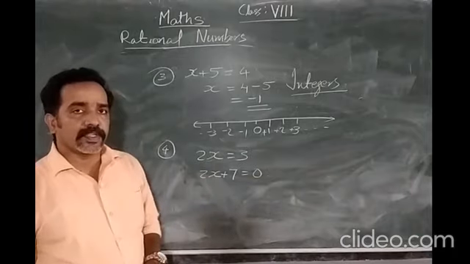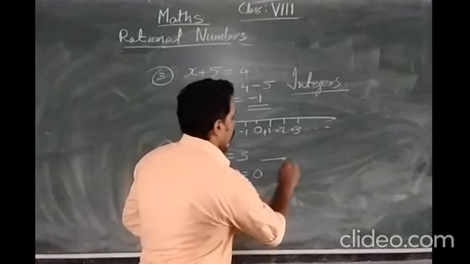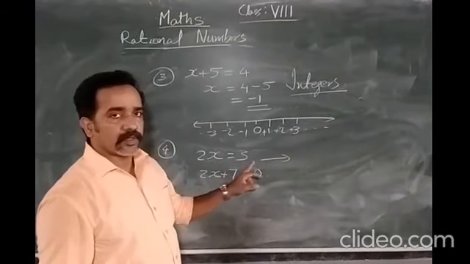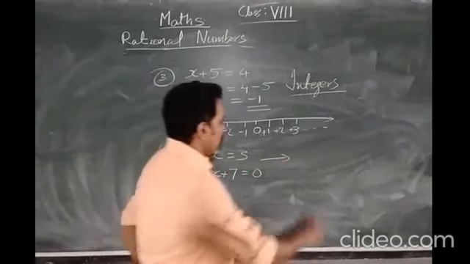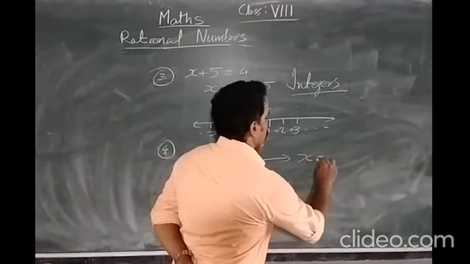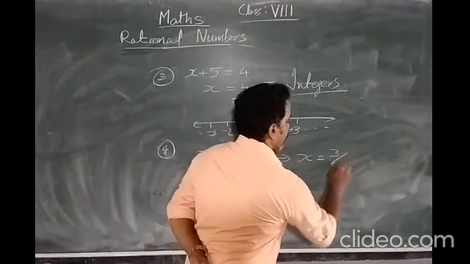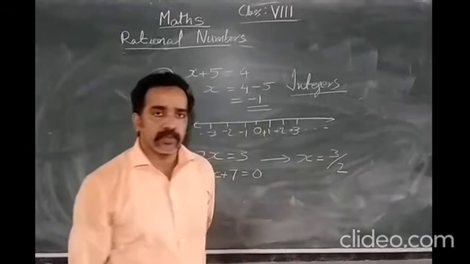Suppose I am solving these simple equations, the first one, 2x is equal to 3. If you transpose 2 to the other side, x is equal to 3 divided by 2.